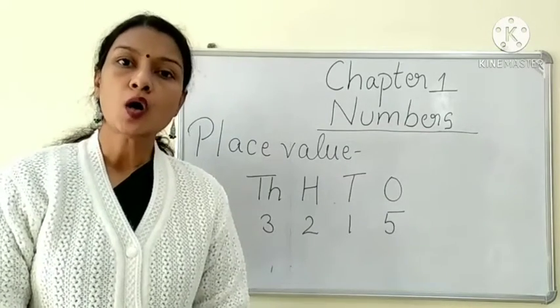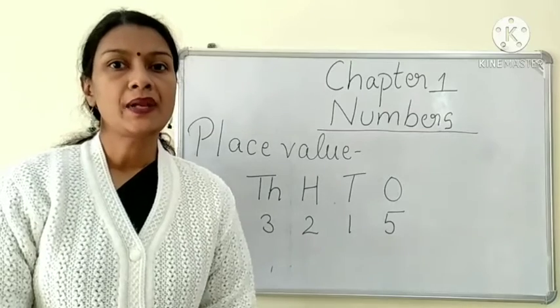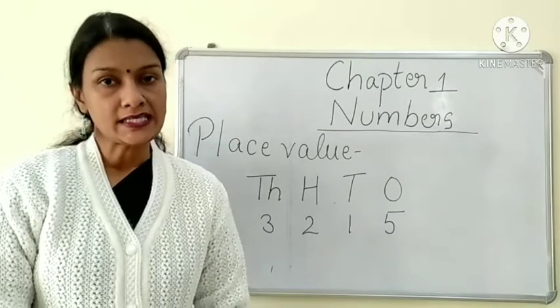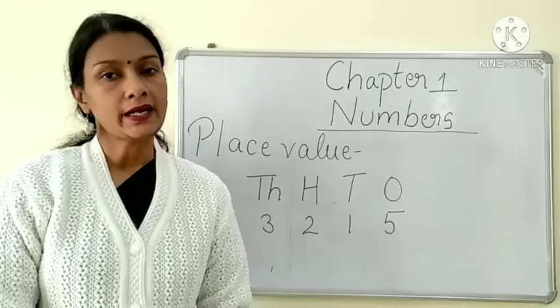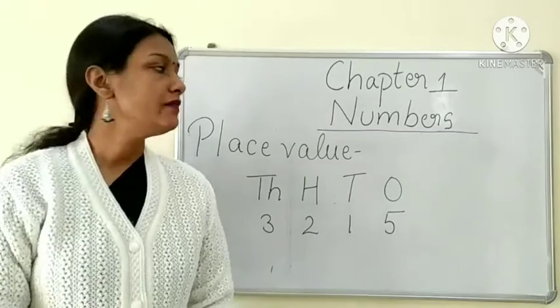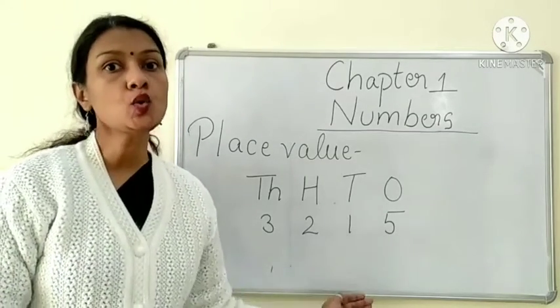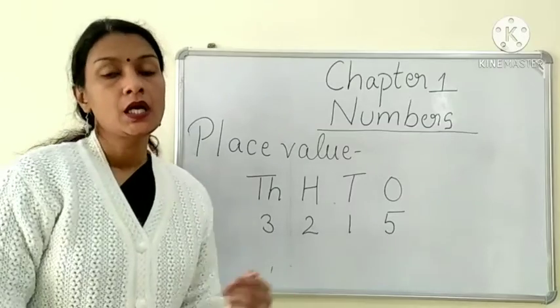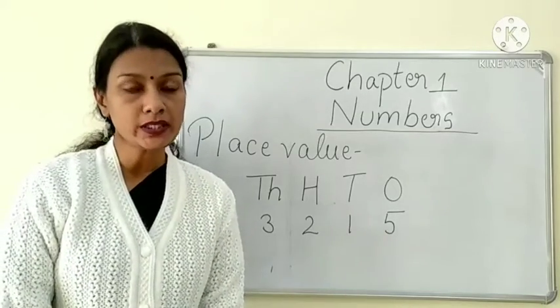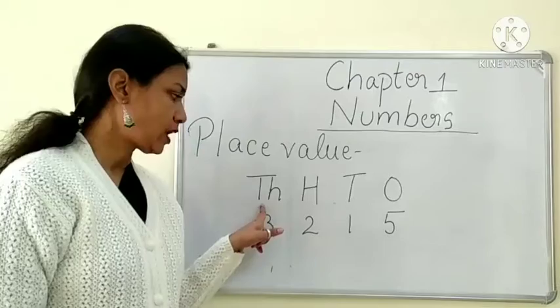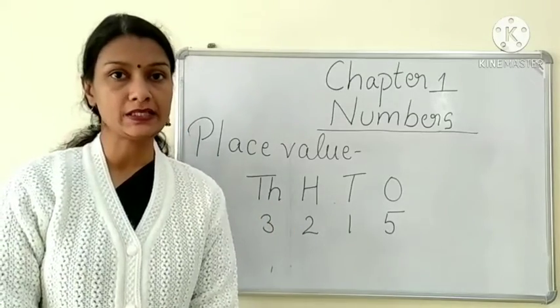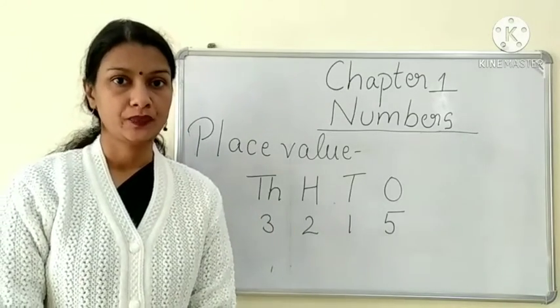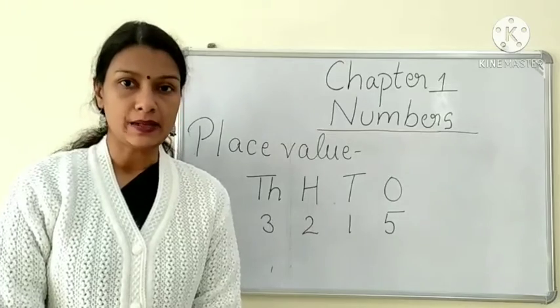Children, we already know about place value: ones place, tens place and hundreds place. We extend that to the thousands place. We shall denote it by TH, capital T and small h. Let us take one example to understand.